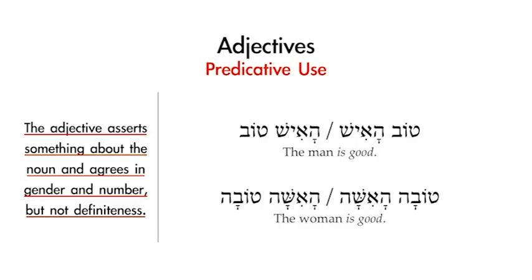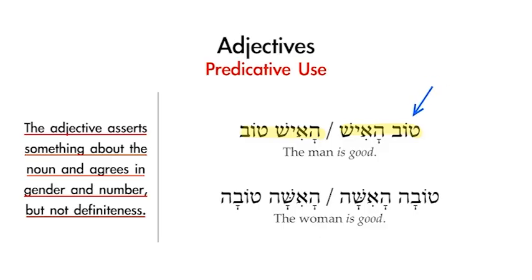Let's look at our examples together. In our first example, we have Tov Ha'ish or Ha'ish Tov. Now this is indicative of the fact that the predicative adjective can come either before or after the noun that it's associated with. Notice how they both agree in gender and number, but not in definiteness. So let's look.